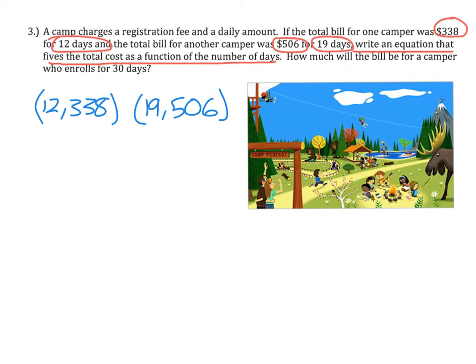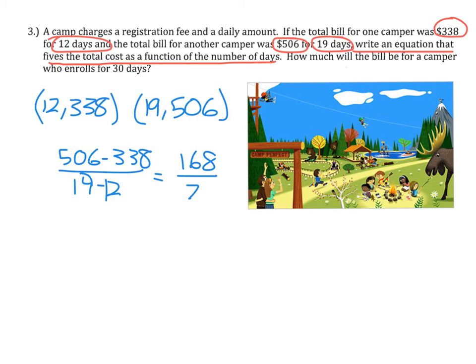So I'm going to have to do 506 minus 338 over 19 minus 12. And that is going to give me 168 over 7. And if I simplify that, I get 24.